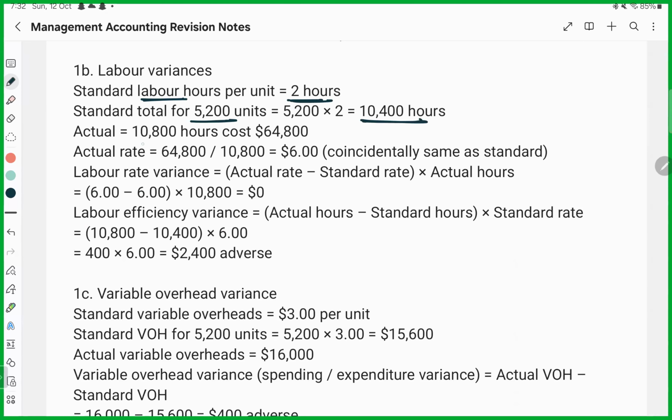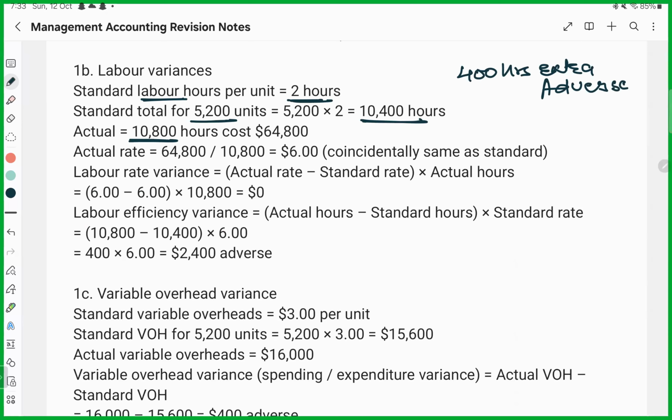But the number of hours that I've actually incurred was 10,800. That means prima facie, we can say that we have used 400 hours extra. Since I've used 400 hours extra, this is going to give me an adverse result. This is going to eat up my profit.